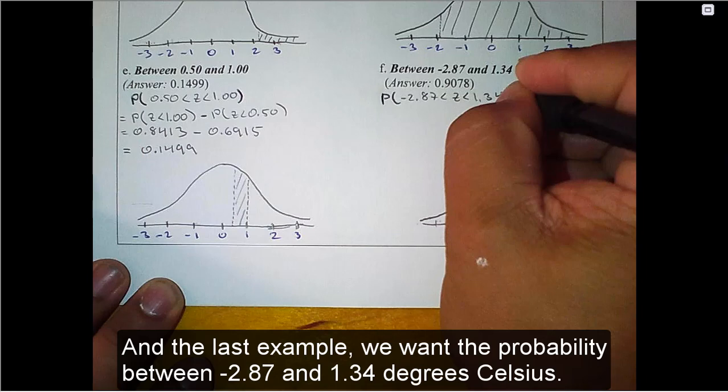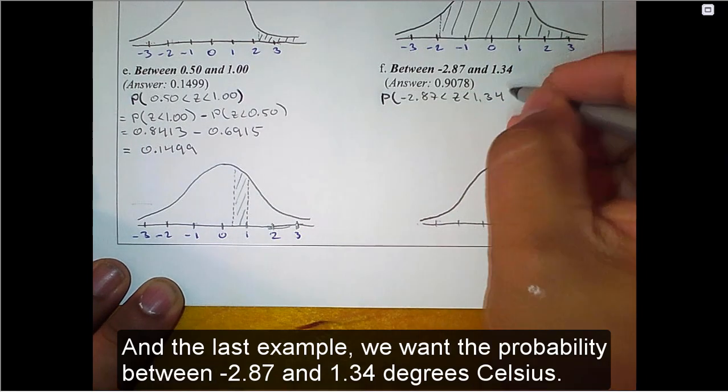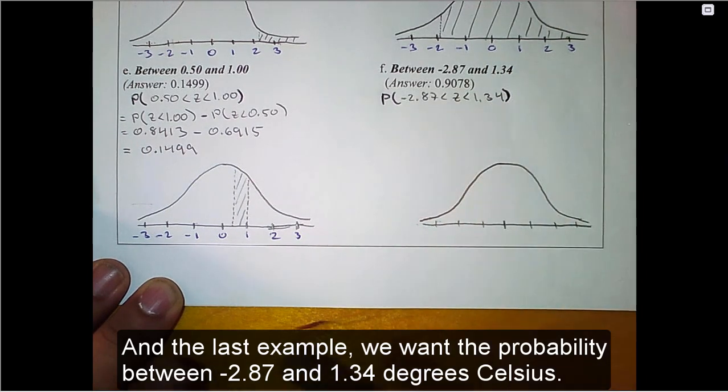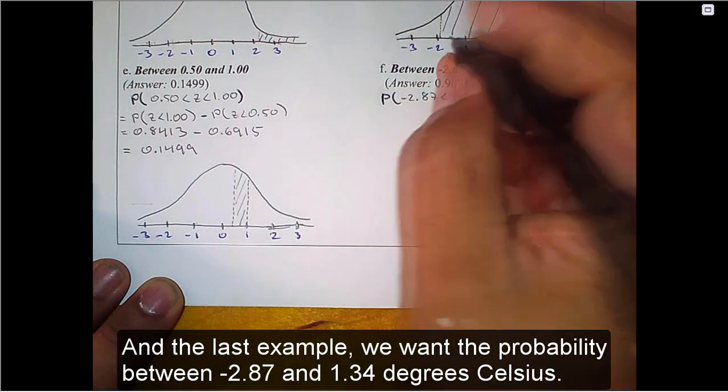And the last example, we want the probability between negative 2.87 and 1.34 degrees Celsius.